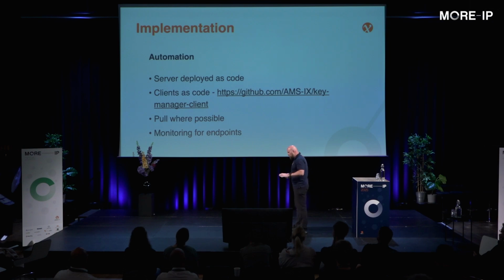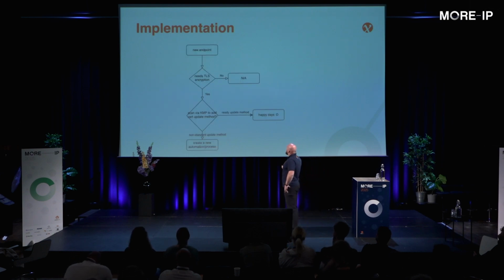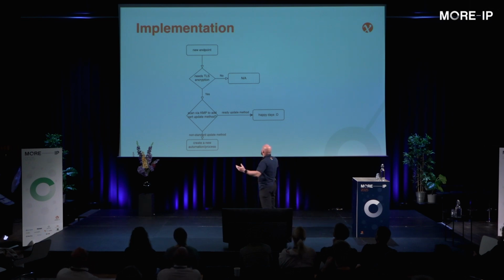It's not always possible. I will bring some examples later on, but most of the time. And the monitoring for endpoints, obviously. If you update it, you want to know that it's updated, and you want to know where things expire or get mangled. This comes in a lot of different shapes.